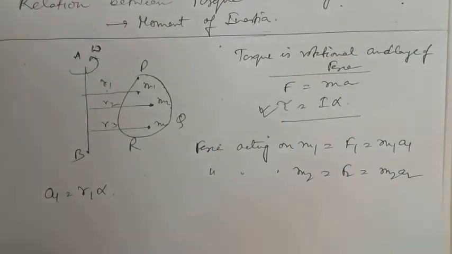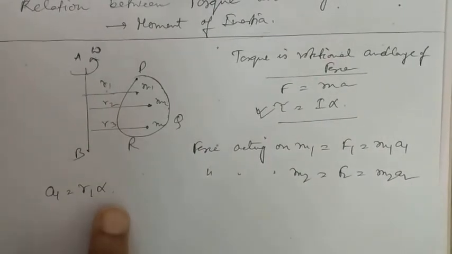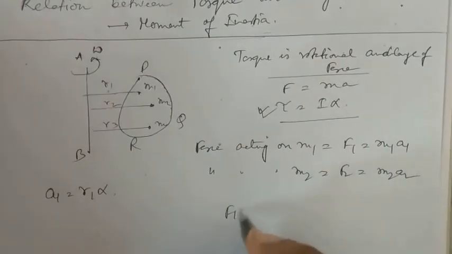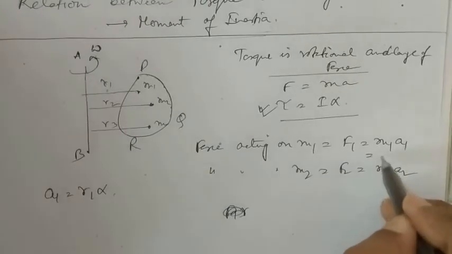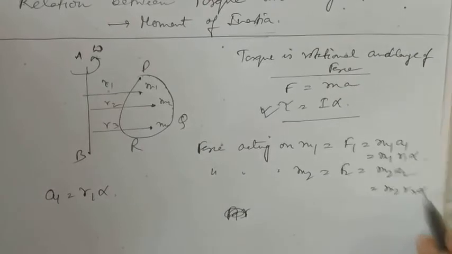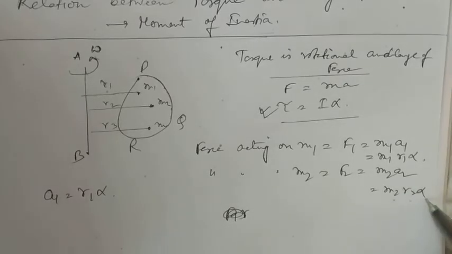The relation between the linear acceleration and the angular acceleration is A1 is equal to R1 alpha. Now the force F1 you can write as M1 R1 alpha, here M2 R2 alpha, and similarly for the third case, and so on for n number of cases. We can write it as Mn, Rn and alpha.